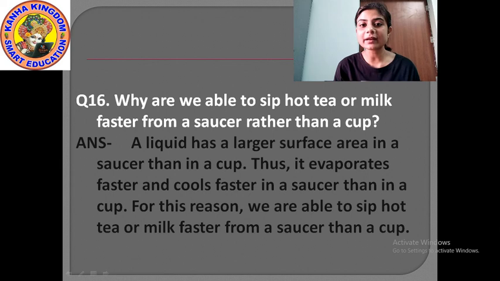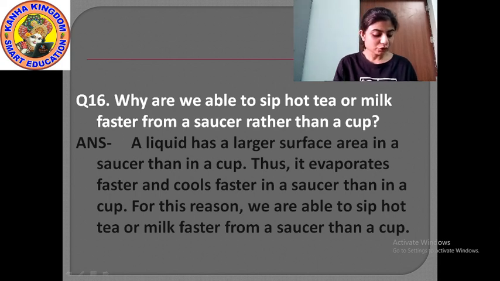And when the surface area is larger, the evaporation is more. And when the evaporation is more, the surrounding gets cooled down. When a liquid evaporates, it cools down. So that is why hot tea or milk cools faster in a saucer than in a cup.